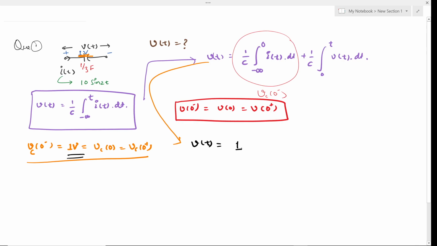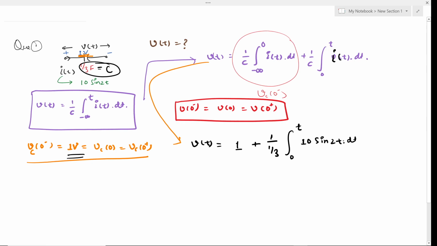So that will be 1 plus 1 upon C, and the value of C is 1 by 3, so 1 upon 1 by 3, integral from 0 to t of, sorry, that will be i(t), not v(t). i(t) is 10 sine 2t, so 10 sine 2t dt.